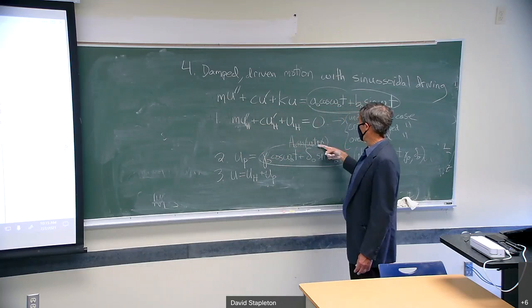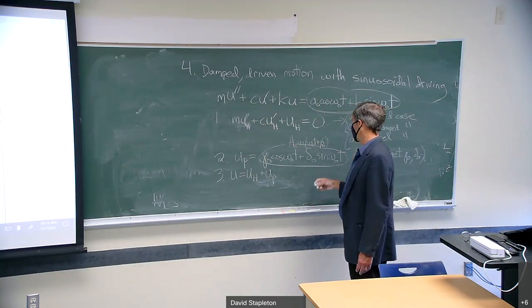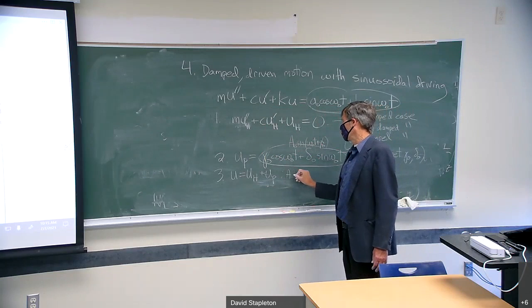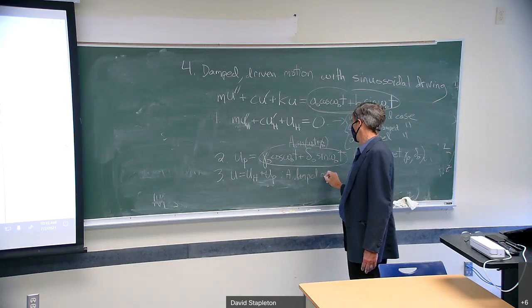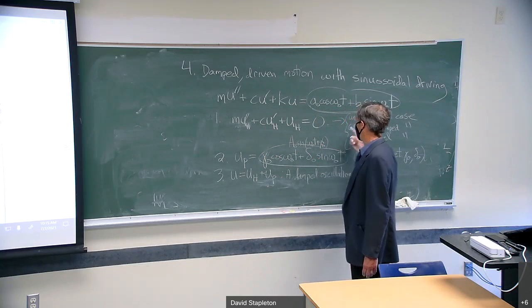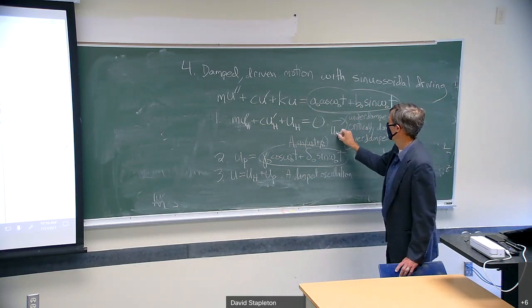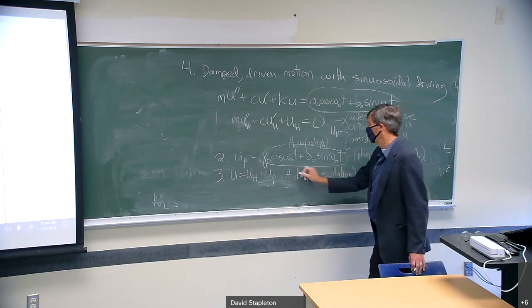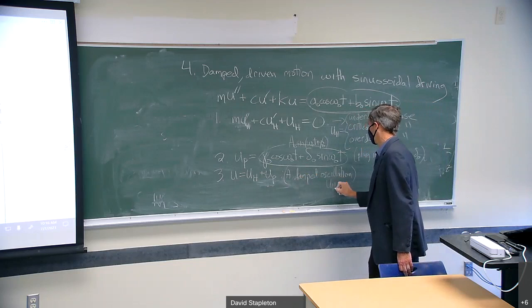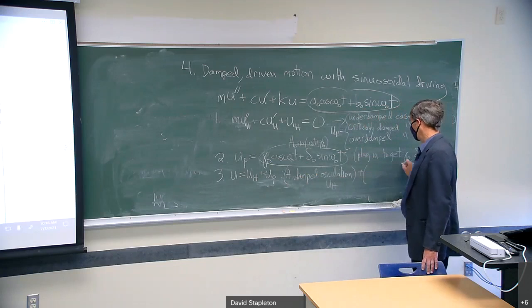And so what you get is a sine wave plus one of these three cases, a damped oscillator for the homogeneous part, so U H is one of these, plus a sine wave for U P.